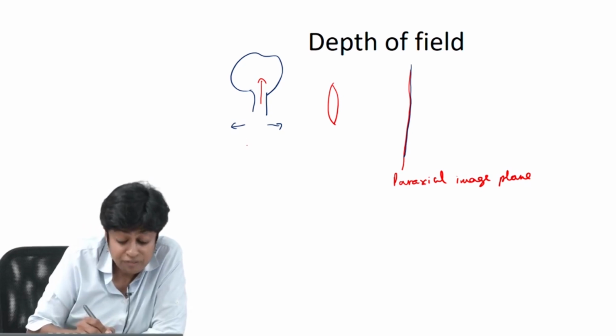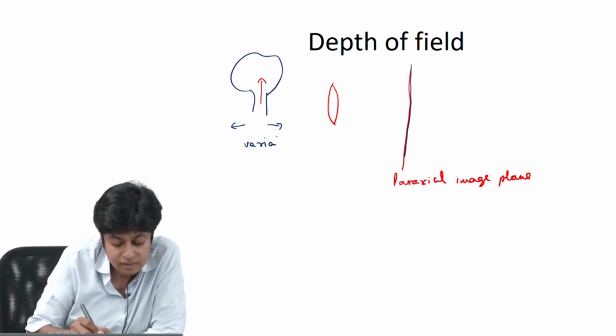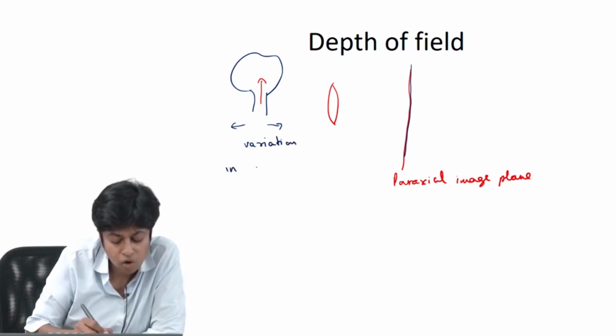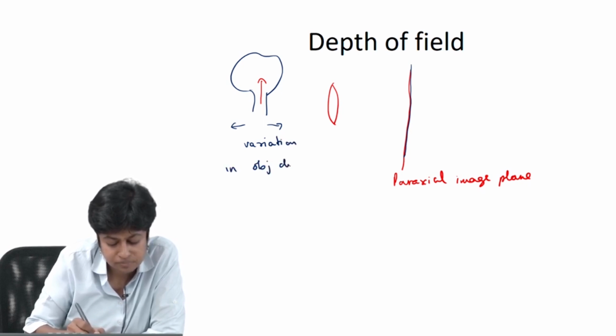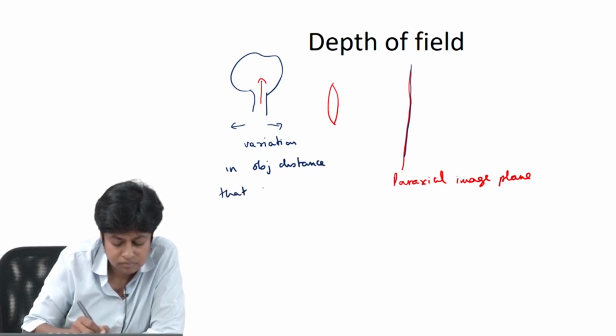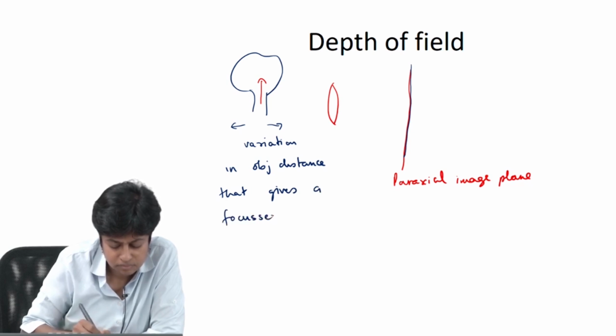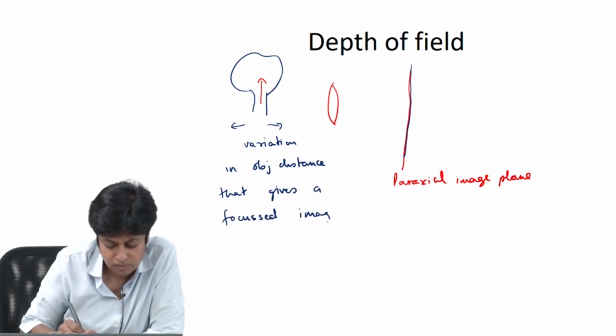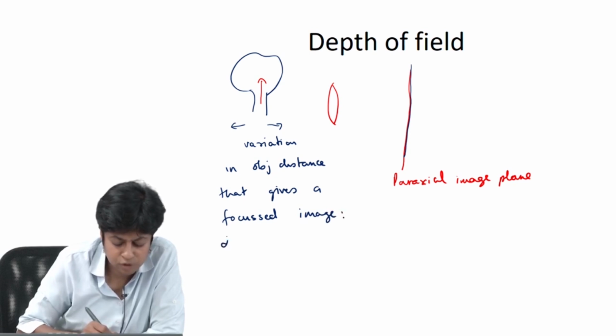So the variation allowed here, variation in object distance, this is the depth of field.